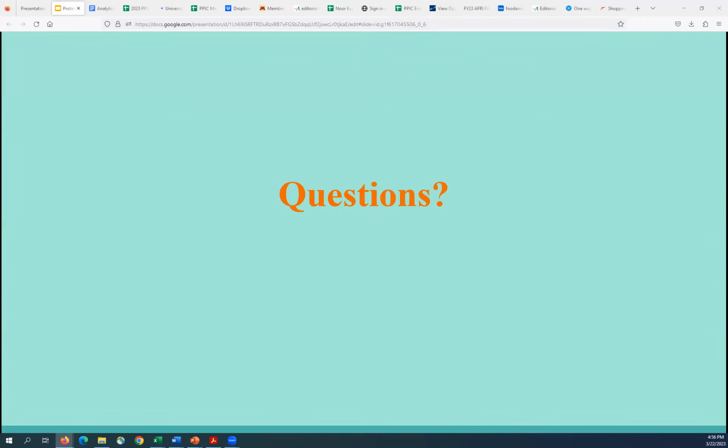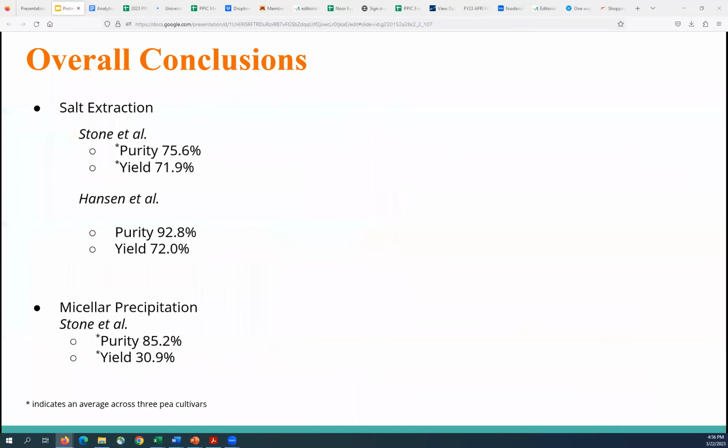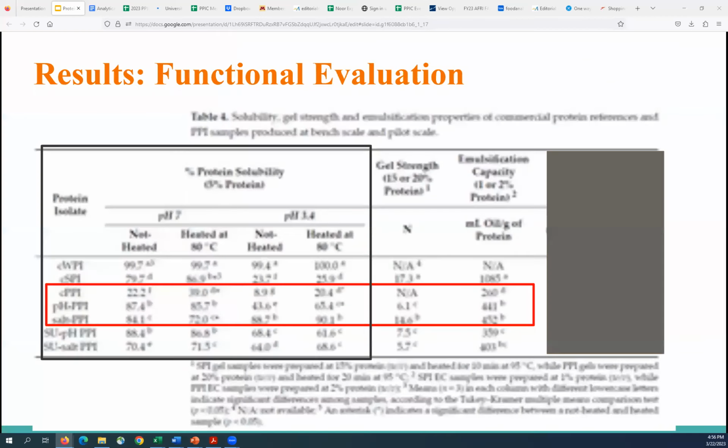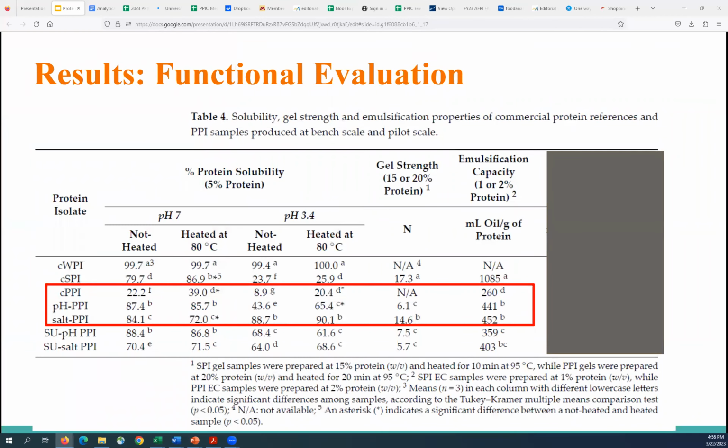So what are the cons of using salt extraction? One of the cons that we found through Hansen's paper was industry feasibility, so the environmental impacts of using so much water. Another thing we noticed was differences in functionality. Let me go back here.